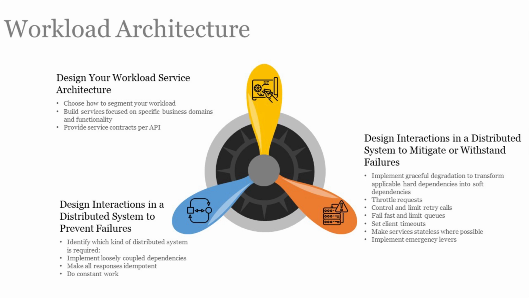Make services stateless where possible. Your services should not store state in memory or on the local disk. This enables client requests to be sent to any compute server without dependency on an existing one in case of failure. For example, you may have a web service that serves traffic behind a load balancer, and your initial client session is established with web server 1, which also maintains the session state.